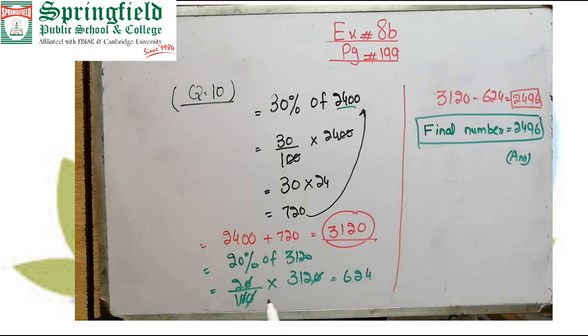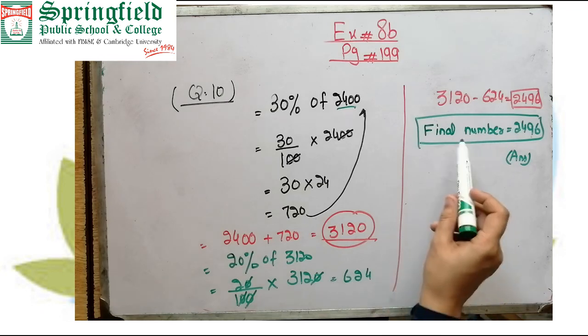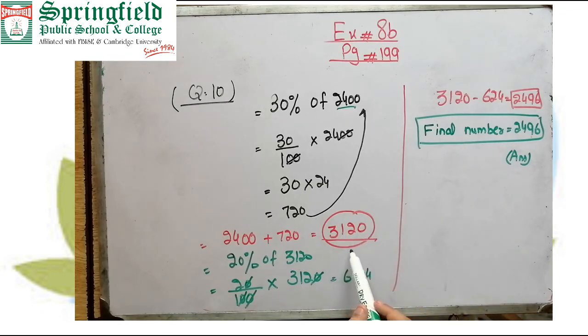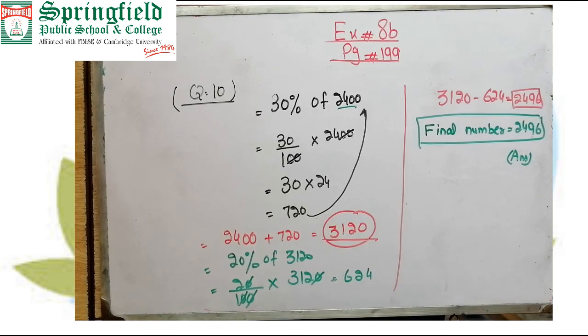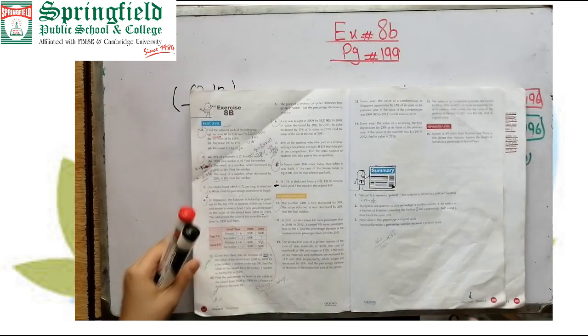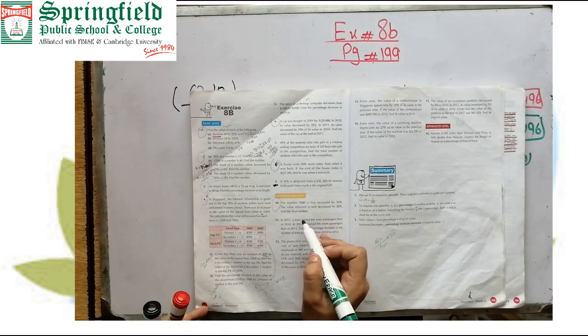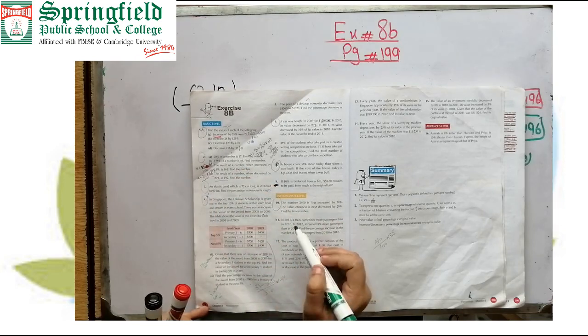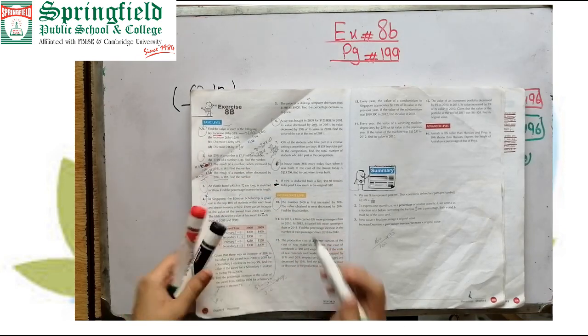So we will find the 20% of this amount, and then subtract from this amount, and then the final amount will be obtained. Understood, beta? Okay. Now practice these questions in your NEET notebook from question 1 to question 10. Okay.